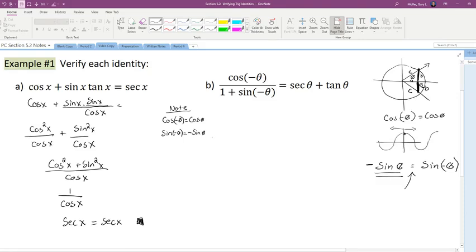And in that way, we can stop talking about negative theta altogether, and we can talk about positive theta. So this is just going to turn to cosine of theta over 1 plus a negative, so minus sine of theta. To the casual observer, it would look like for sine, we pull the negative out of the angle and put it in front. That is not what we're doing.